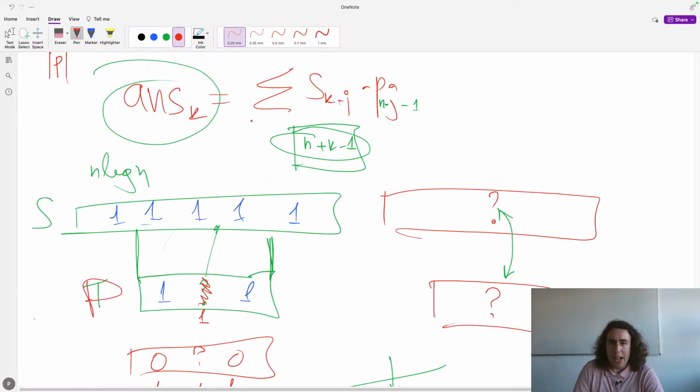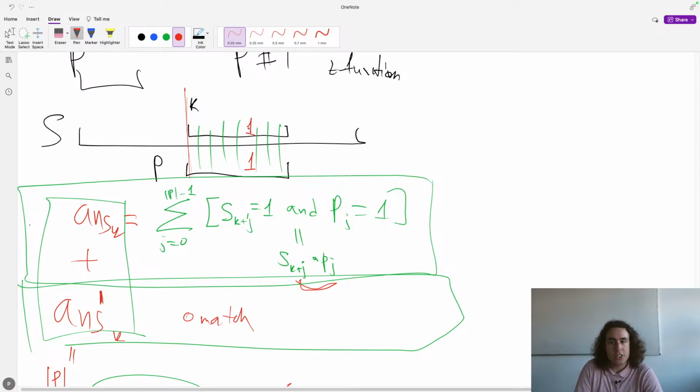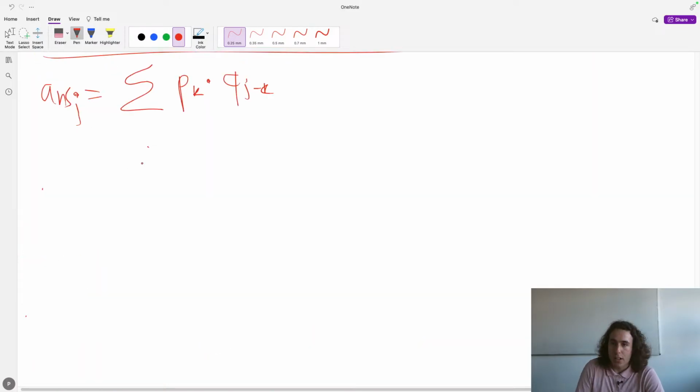So if we go back, we want to match at position k whether string s and p match. So what does it mean? We want to sum up over all positions j: is it true that s k plus j is equal to p j?